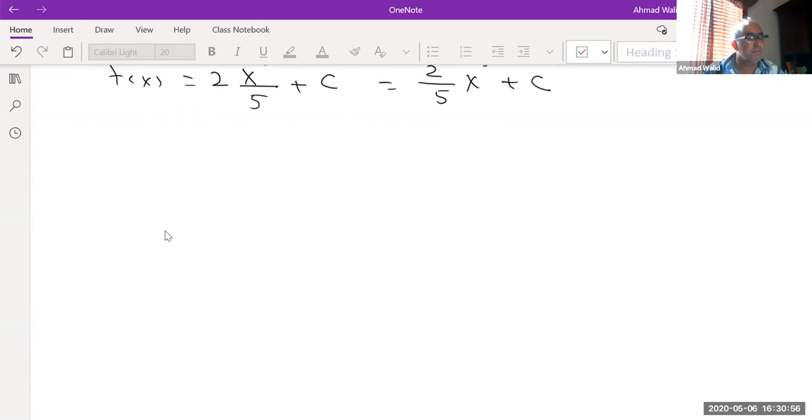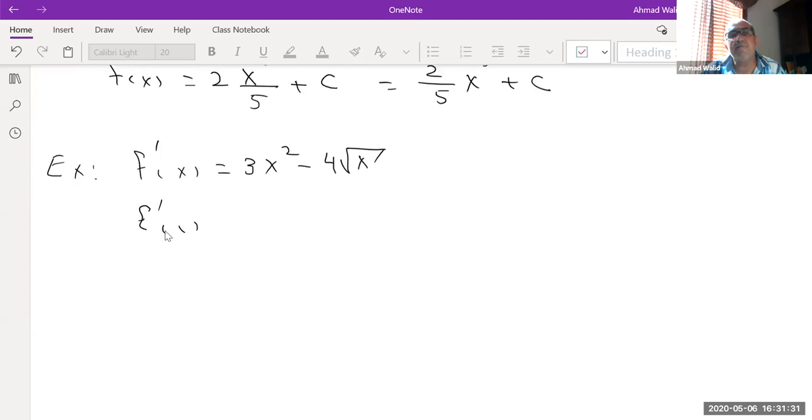Next example. F prime x equals 3x squared minus 4 radical x. To find the antiderivatives, here first you have to change the radical to exponent notation. You can rewrite this function: f prime x equals 3x squared minus 4x to the power of 1/2.